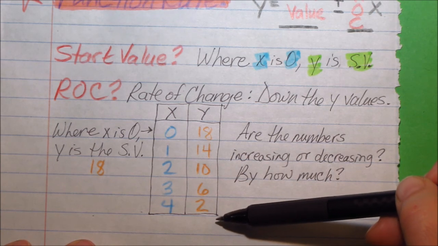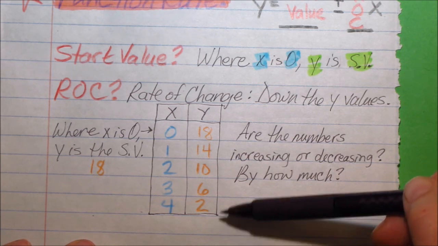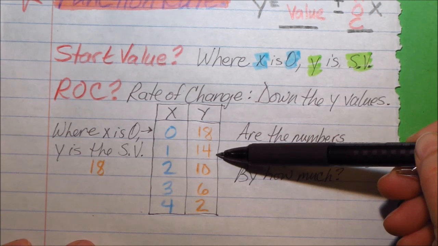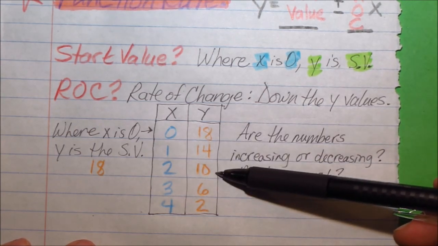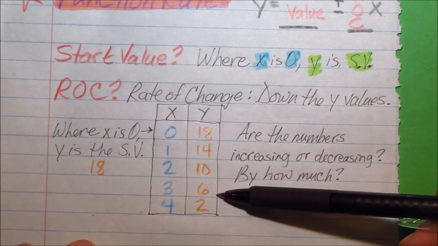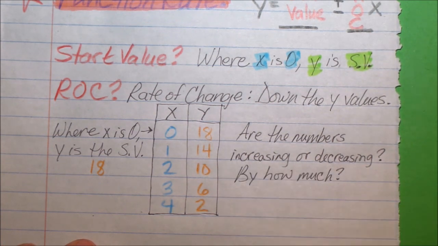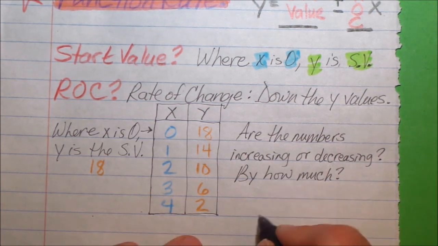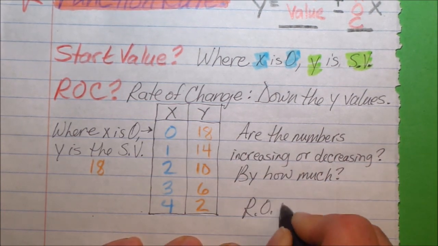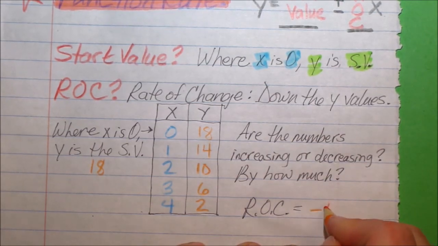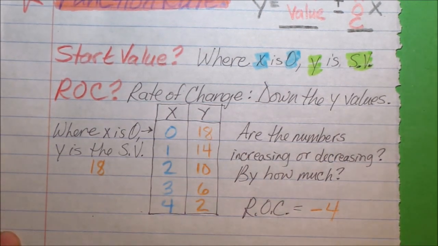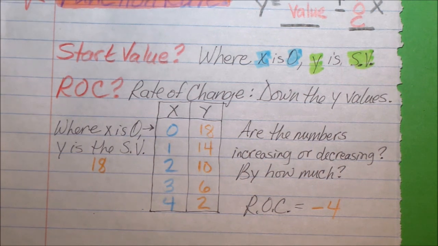So I know it's going to be a negative number, my rate of change. And 18 to 14, it's decreased by 4. 14 to 10, it's decreased by 4. 10 to 6, it's decreased by 4. 6 to 2, it's decreased by 4. So that tells me my rate of change equals -4. It's going down by 4 on the y column every time. That's my rate of change.